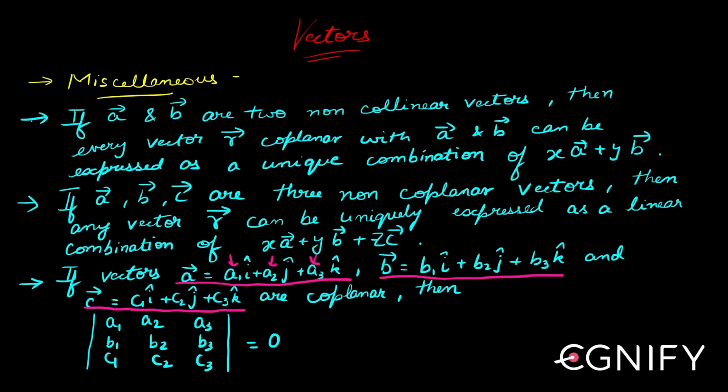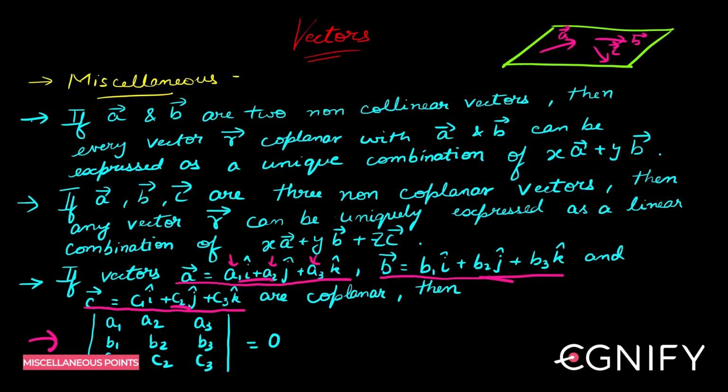If I want to verify whether these three vectors are in the same plane or not, for example, something like this, these are three vectors in the same plane. So your A bar can be this, your B bar can be this, your C bar can be this. And if I want to check whether they are actually coplanar or not, then this has to be valid.